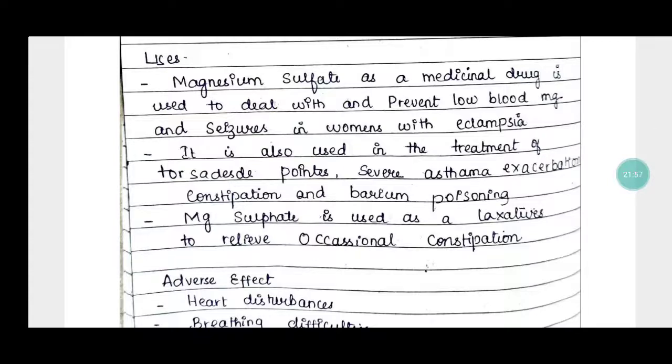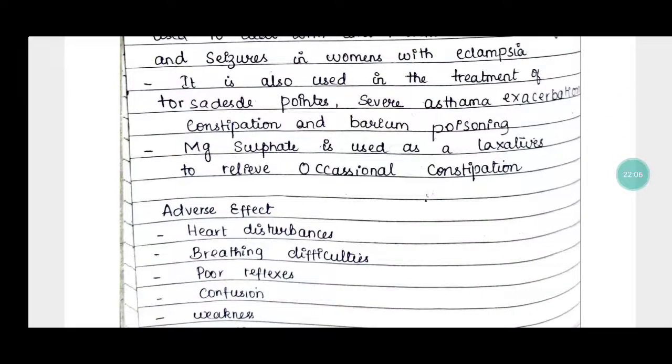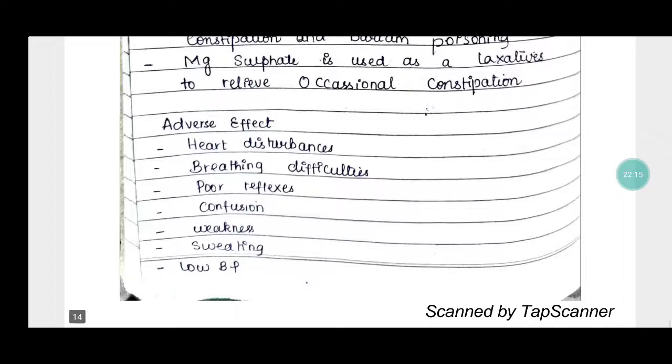It is also used in the treatment of torsades de pointes, severe asthma, and constipation, and for barium poisoning, etc. Magnesium sulfate is also used as a laxative to relieve occasional constipation, and adverse effects are heart disturbance, breathing difficulties, poor reflexes and confusion, weakness, sweating and low blood pressure.